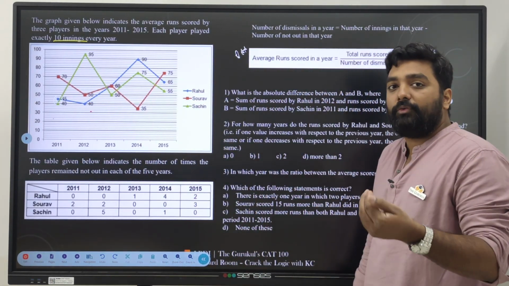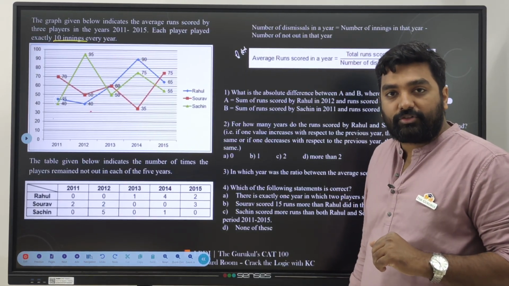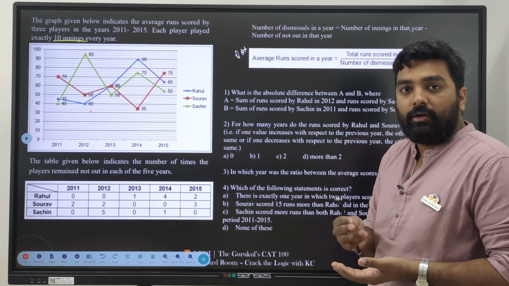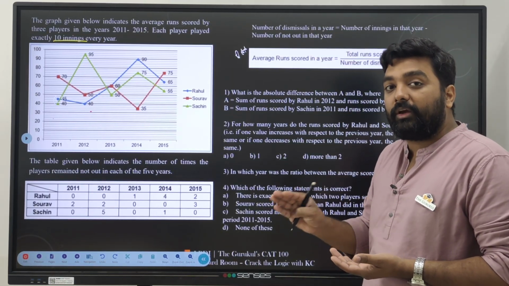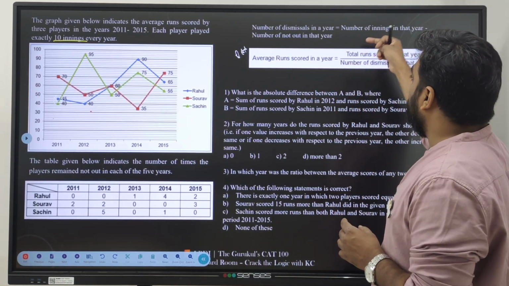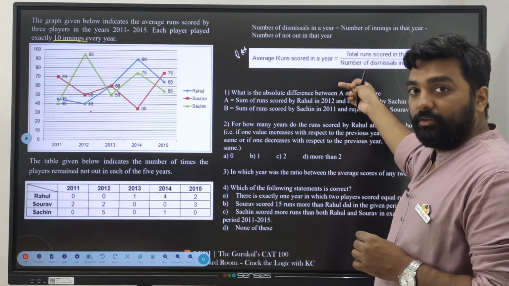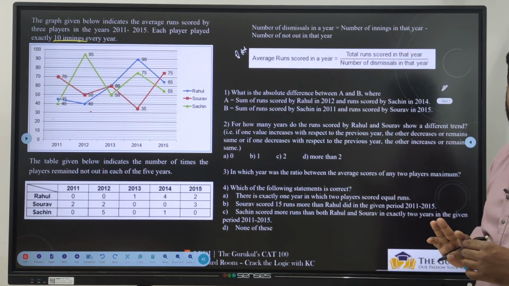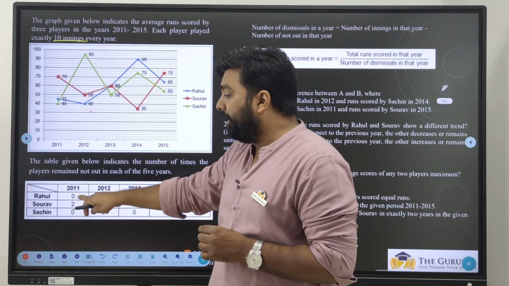If I assume 45 into 10, 450 as the total score, because the average is 45 and the number of innings are 10. But the problem is average runs is not total runs by total innings. Average runs is total runs by number of dismissals in that year, which means we need to find that out also.